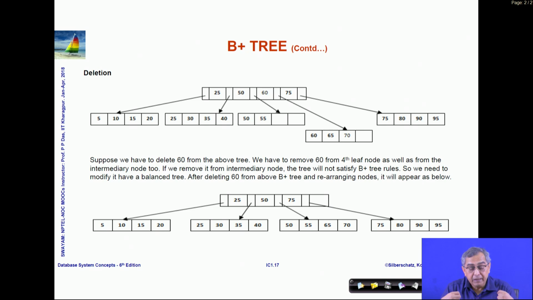So, what you will need to do is to merge these 2 leaf nodes and then go up to the root and also remove the key 60, which was pointing to the node that you have now merged with its earlier node, and you will come back to this lower configuration. So, these are the two ways in which insert and delete have to happen.